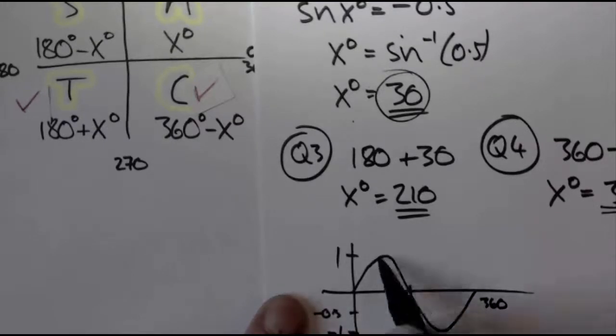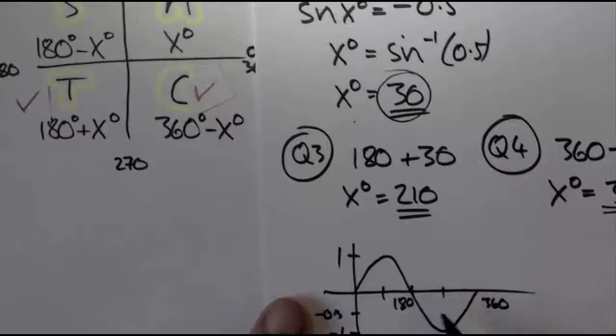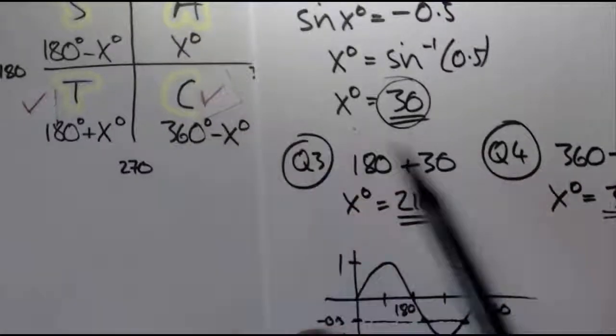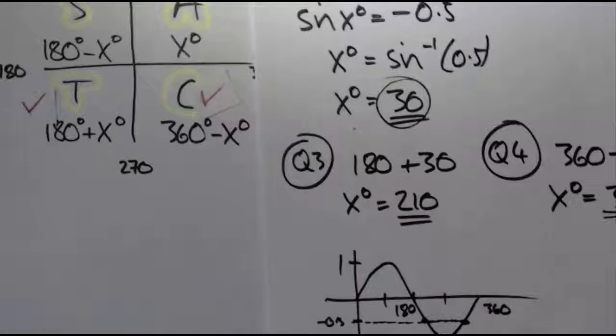So that's the first quadrant, that's the second, that's the third, that's the fourth. It does hit it within the third quadrant, and it also hits it in the fourth quadrant. So that's why we're using these rules, because we're looking for when it's negative. Okay, hopefully that's helped out.